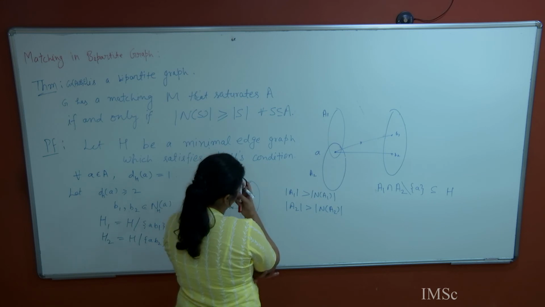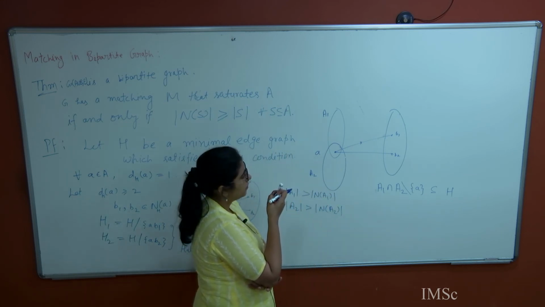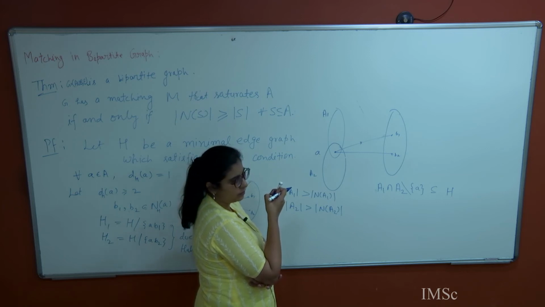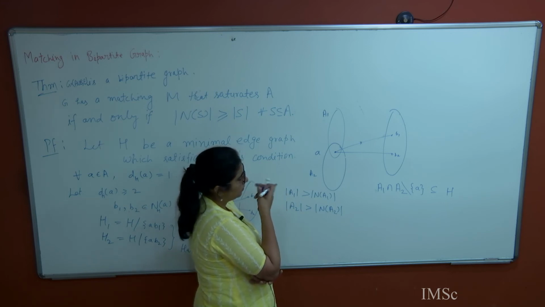If the intersection is only A, then the neighborhood of A is B1 and B2. Yes. You can remove A B1 or A B2 and still Hall's condition is satisfied. Yes. So, in that case it is obvious.